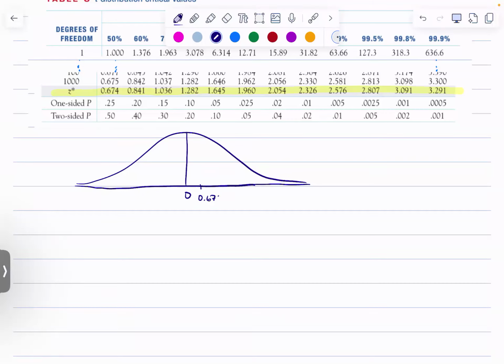So here, 0.674 is the first value. I'm just looking at this first value, and it's going to behave as negative 0.674. So what this table tells us is that at a Z of 0.674, the area in one of the tails is 0.25.